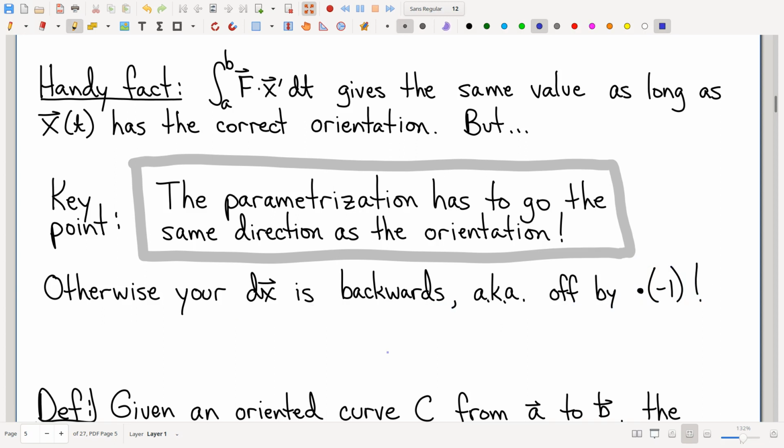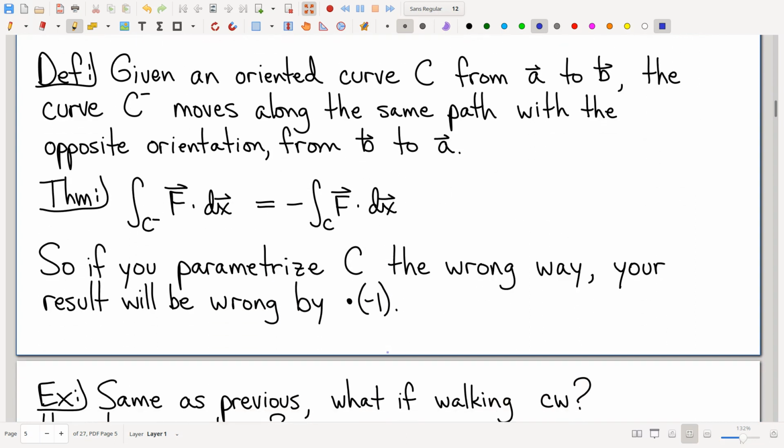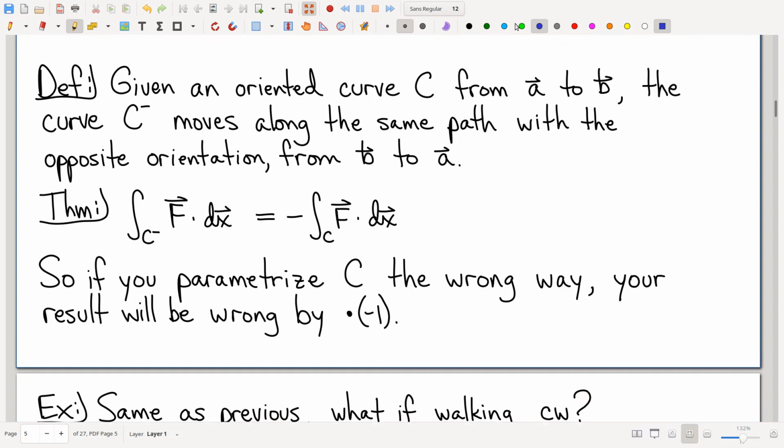So here's the formal way of saying that. The book describes a reasonable notation where we use a minus sign superscript to say, I'm going to go the wrong direction. I'm going to go the opposite direction. And as we just discussed, when you go the opposite direction, you will get the negative of the otherwise answer.